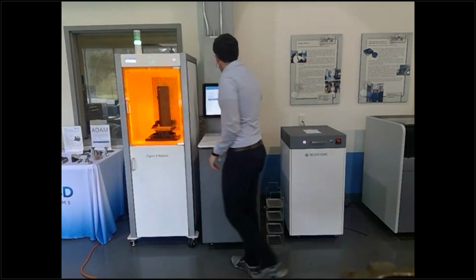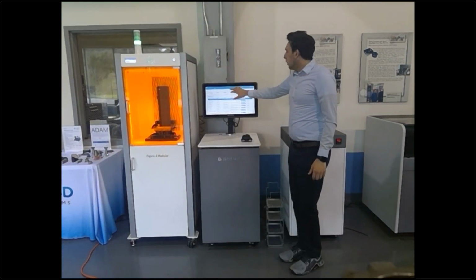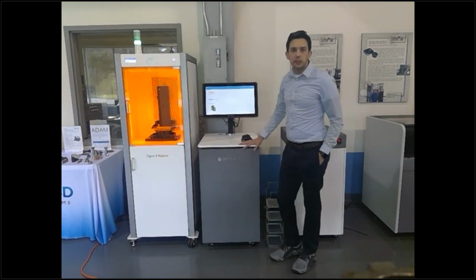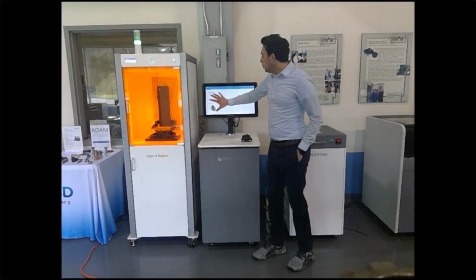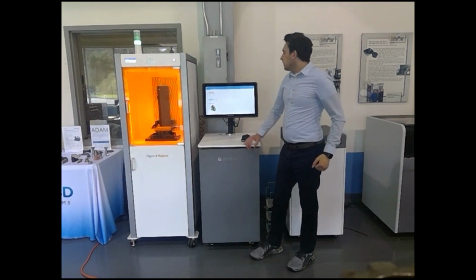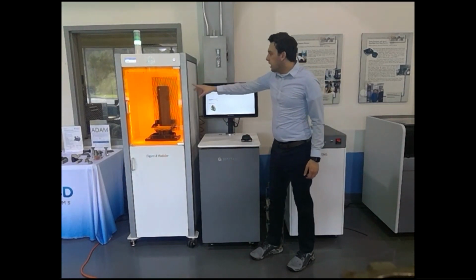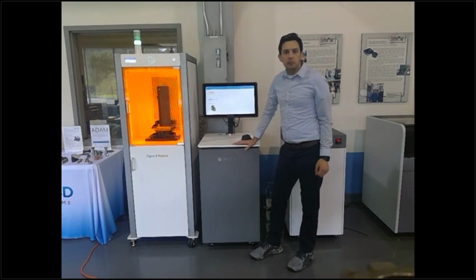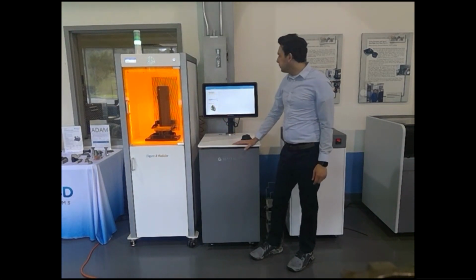So in the control module, under the queue and printer status, when you have 23 of these printers linked up together, it will show you the status of every single printer at all times. As you can see here, we have one module, and it will show you a sample of what that current printer is printing.